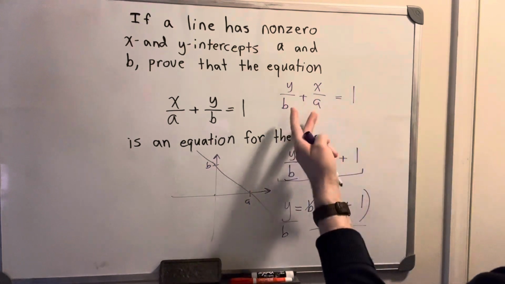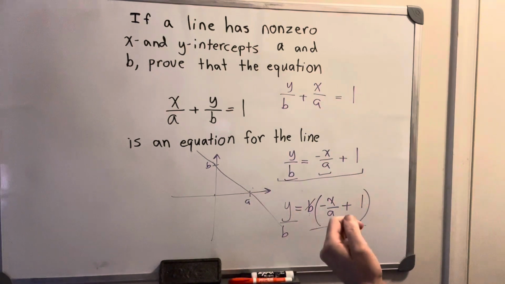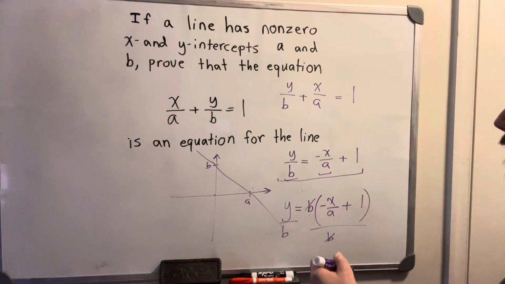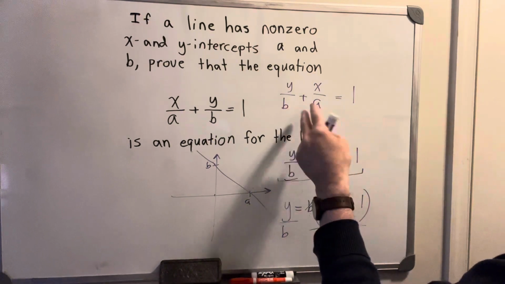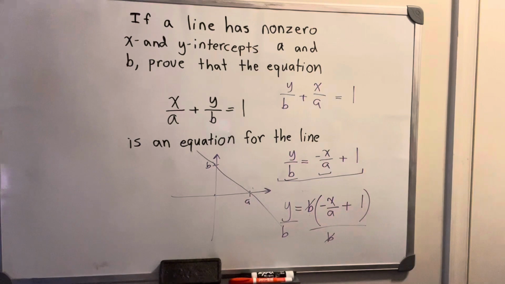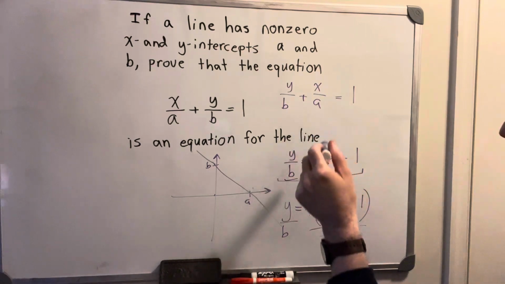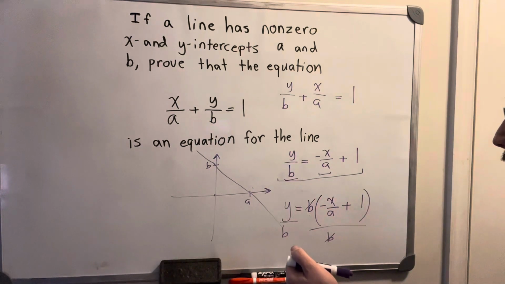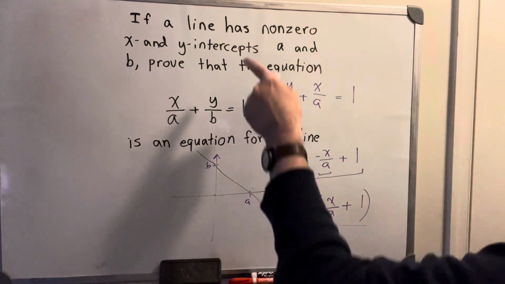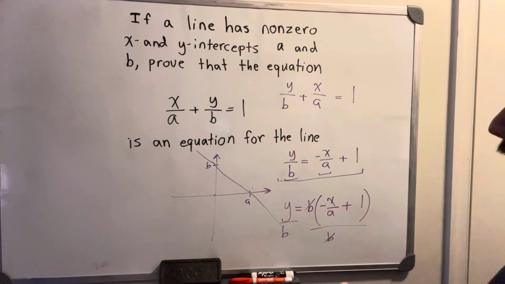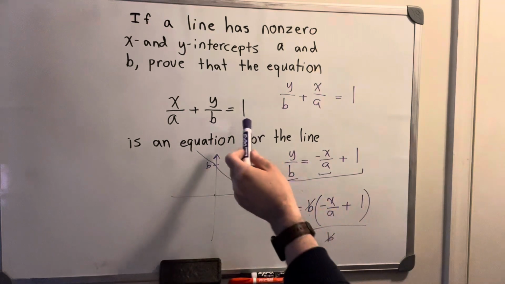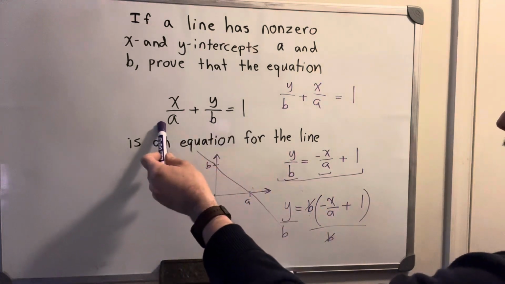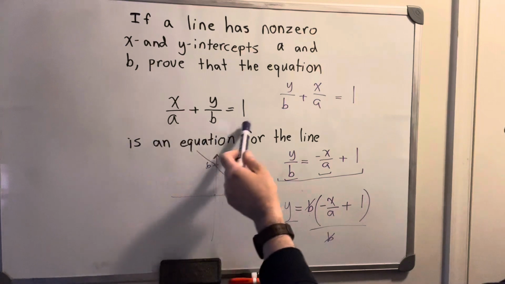And with the commutative property of addition, this is the same as x over a plus y over b. So there you go. We proved this by starting with the slope intercept form, and we figured out what the slope was given the intercepts that we had, and we transformed it into the target form, which is known as the intercept form.